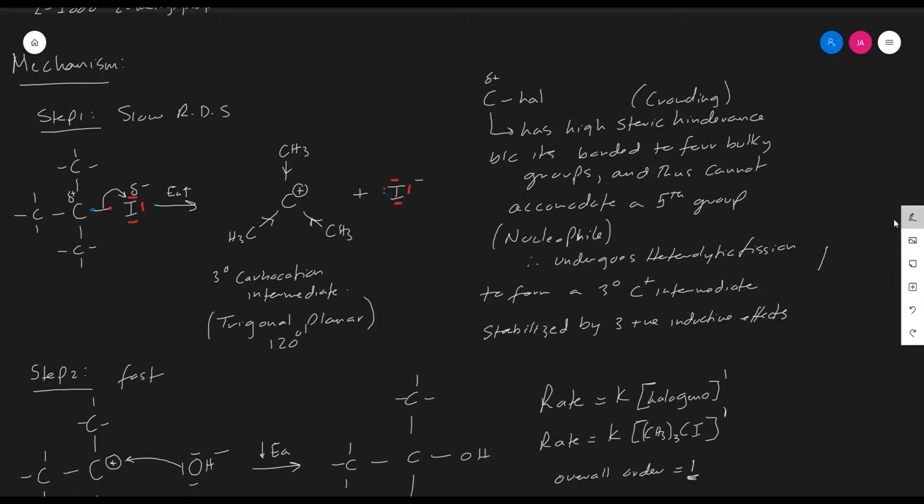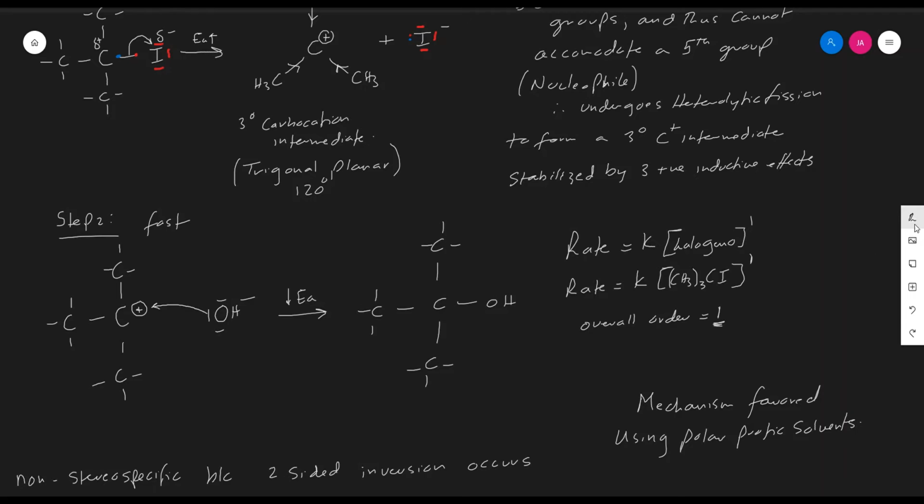The rate equation would translate into the rate equaling the rate constant multiplied by the concentration of the halogenoalkane, to the order of 1 with respect to the reaction, since the slow rate-determining step is unimolecular and only involves the halogenoalkane appearing once, imparting this mechanism with an overall order of 1, and its molecularity, such as SN1.